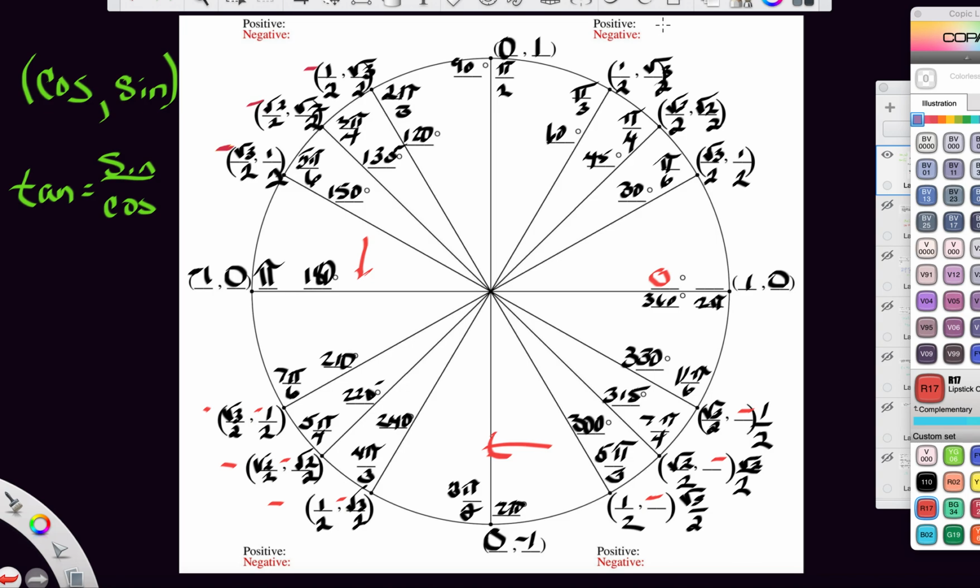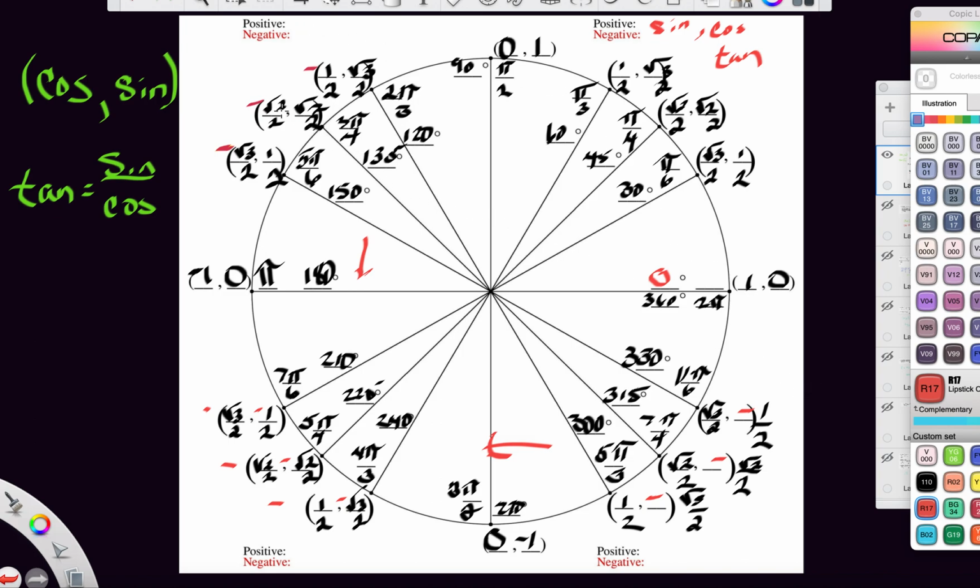So, in quadrant 1, everything is positive. So we're going to say sine is positive, cosine is positive, and tangent is positive. Cool. Over here, what's positive?